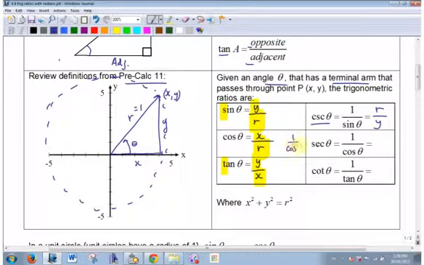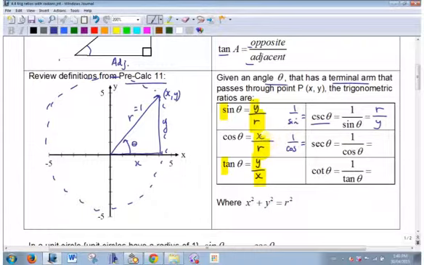Let's write that right there. Secant is 1 over cos theta.